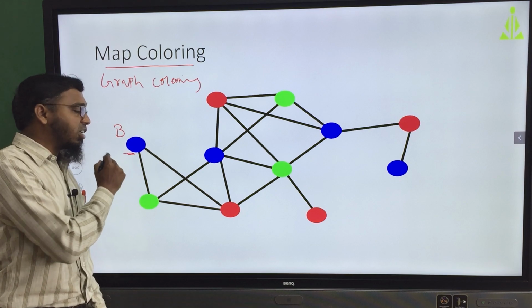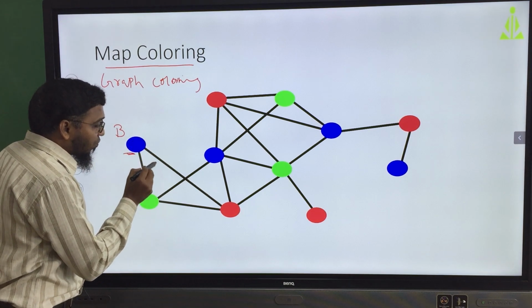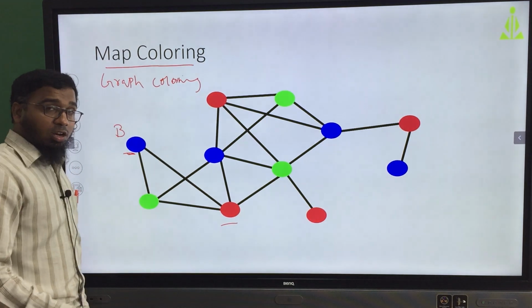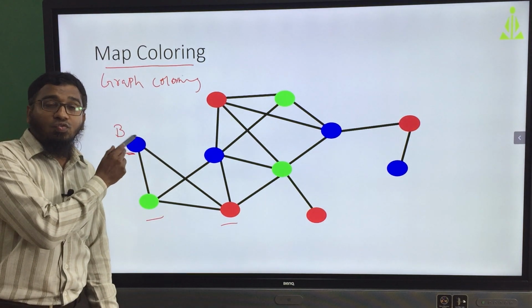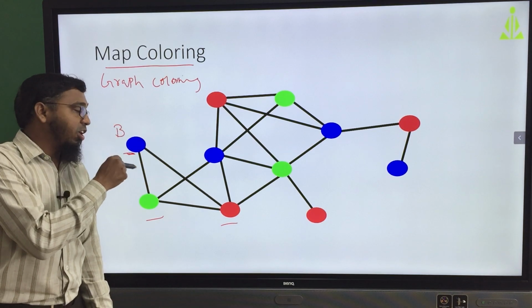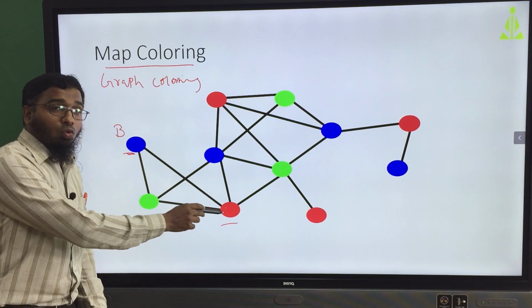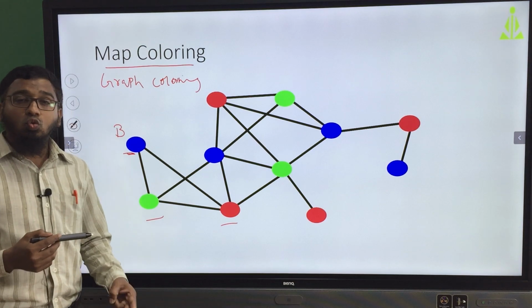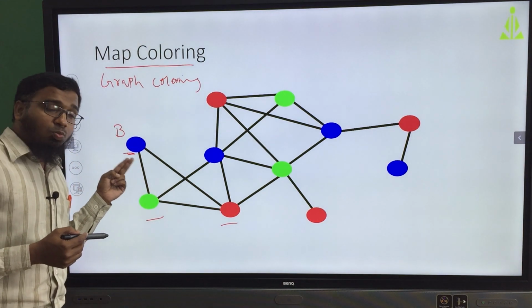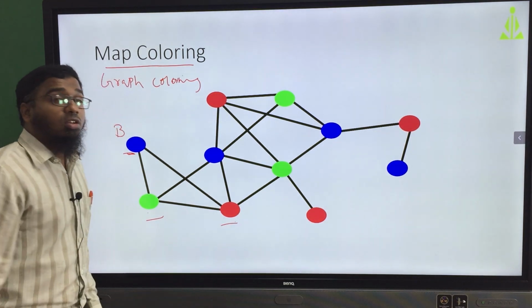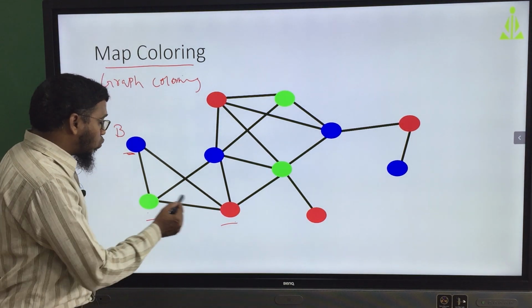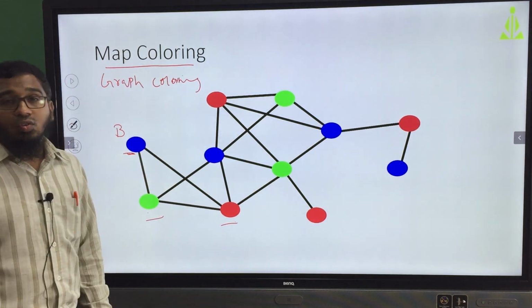So it is given the red color here and green here, because the adjacent vertices of this blue are two nodes, so one is green and one is red. These 3 all are different colors.